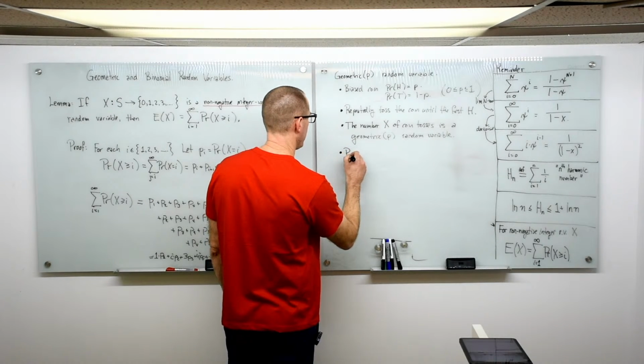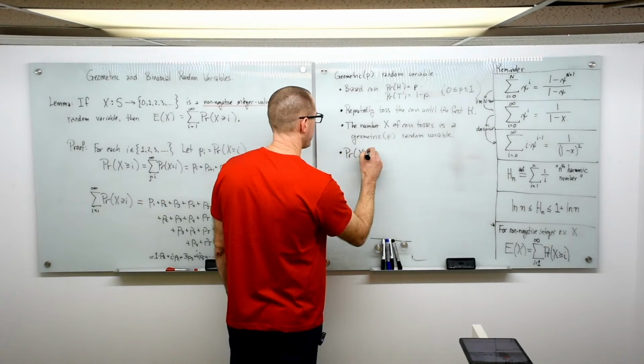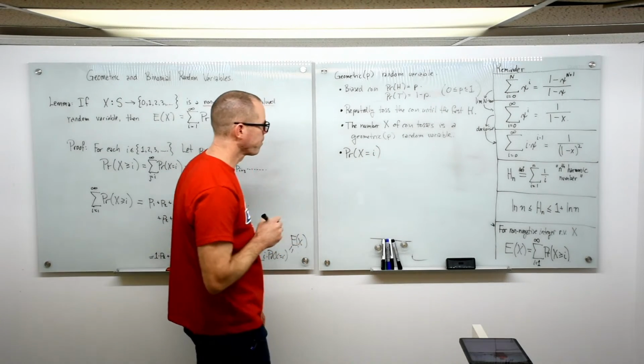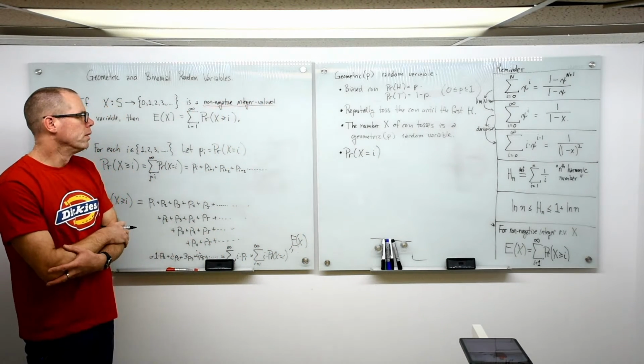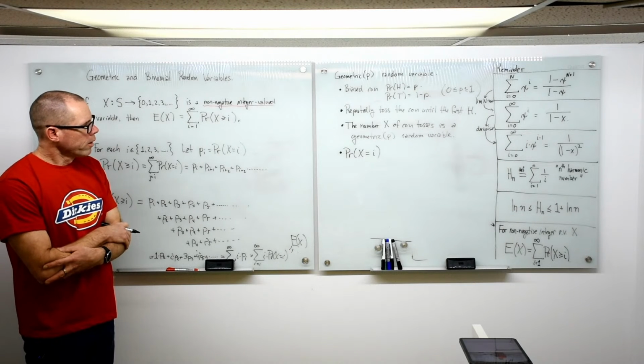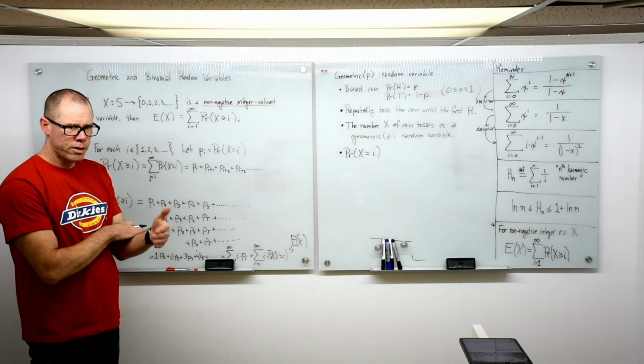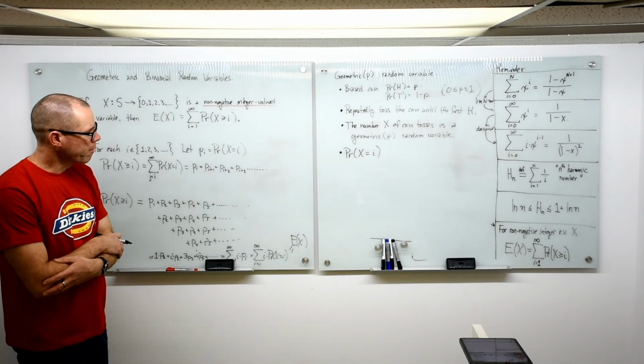What do we know about x? So what's the probability that x is equal to some particular value i? Here we're going to use the fact that each of the coin tosses are independent.